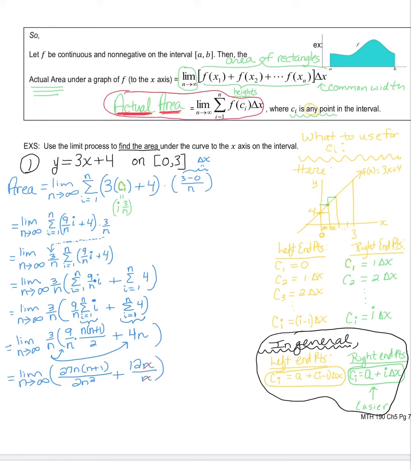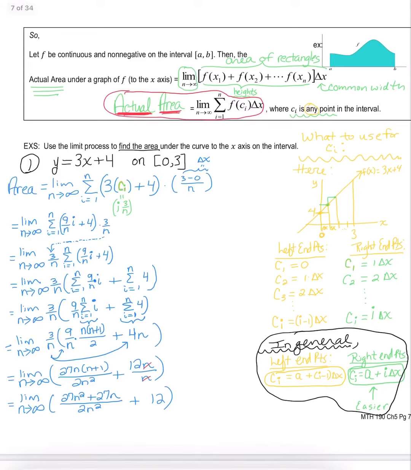Now in the first term, I want you to observe that what you really have is the limit of a rational function. It is a polynomial over a polynomial. And when you have the limit as n goes to infinity of a rational function, we talked about this way back with limits, these limits behave according to the rules of the horizontal asymptotes.